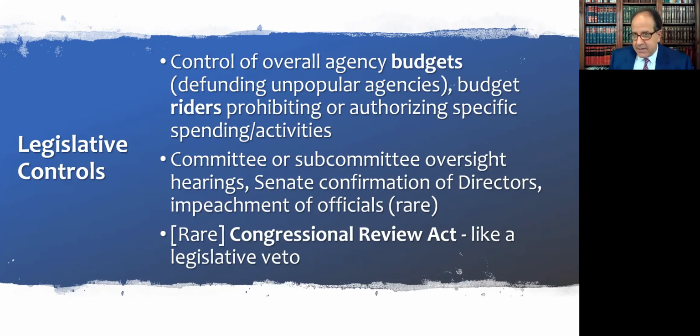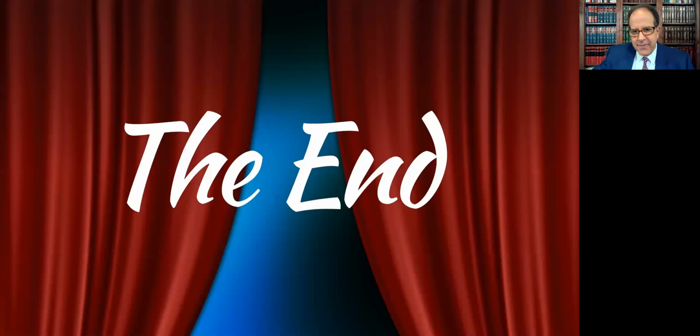They can basically tell an agency, you're not allowed to do that thing that you announced you were planning to do, or you're not allowed to implement that policy. So it's essentially a legislative veto by resolution as opposed to enactment. Okay, that concludes our mini lecture or quick overview of the legislative controls of agency actions.